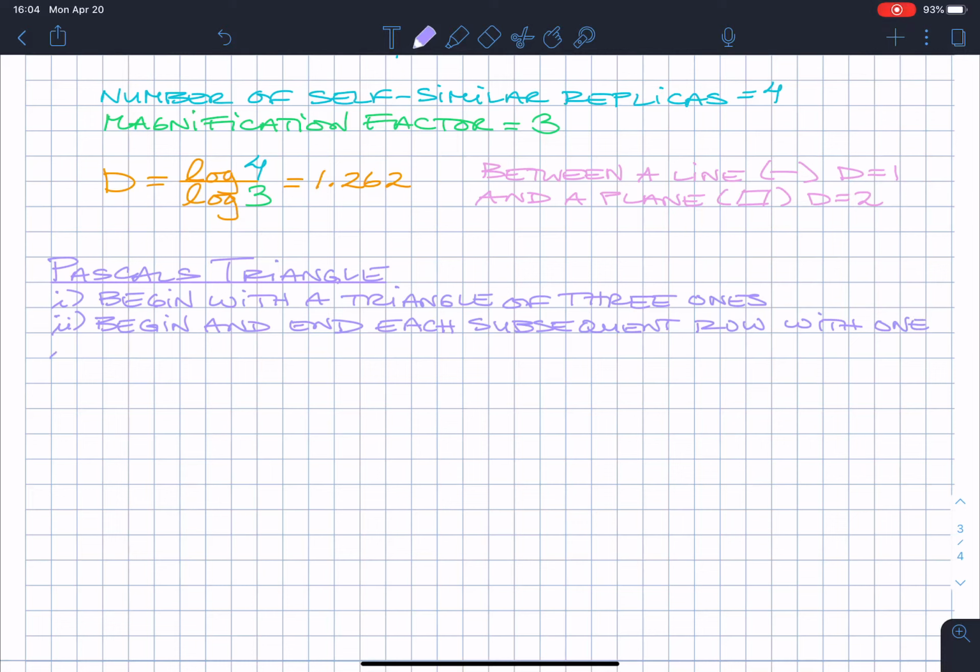Number 3, so place the entries of each row in between the entries of the row above it. This will make sense once we draw it.